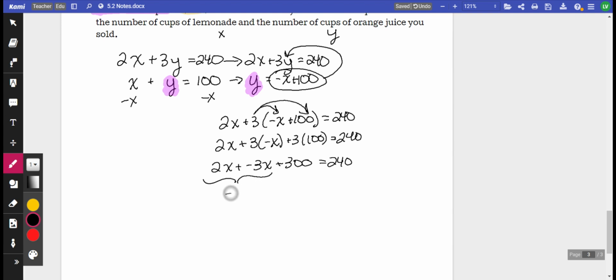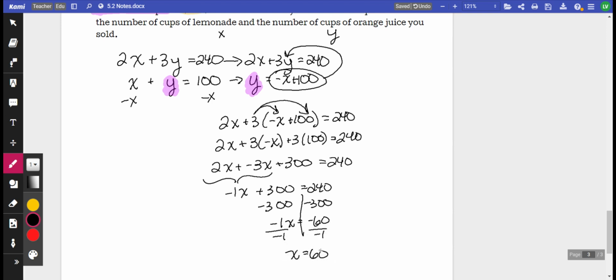And combine on my left side, so that's negative 1x plus 300 equals 240. Now I'm going to extend my equal signs since there are no like terms on the left side. I'll subtract 300 from both sides. Negative 1x equals negative 60. Divide both sides by negative 1, I get x equals 60.